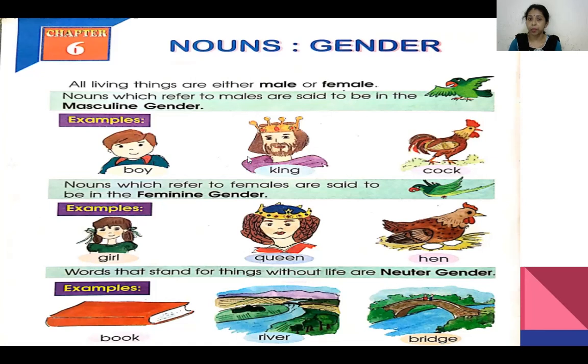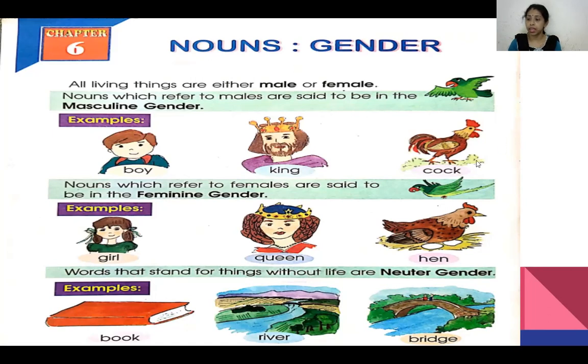That's why boy, king, father, son, brother, those come under masculine gender. Those come under masculine gender because they all are boys, meaning male. So those words will come under masculine gender.